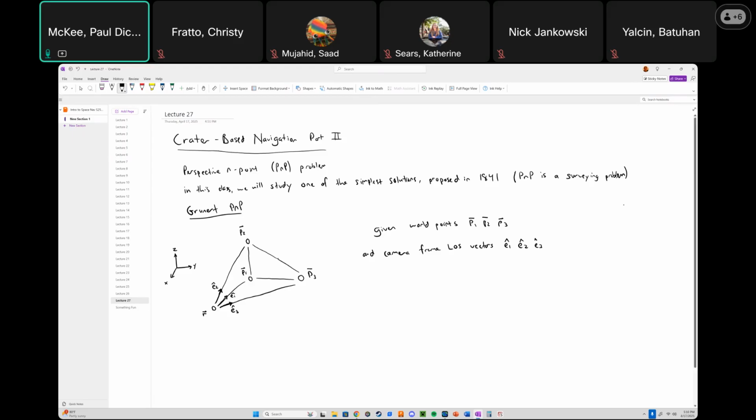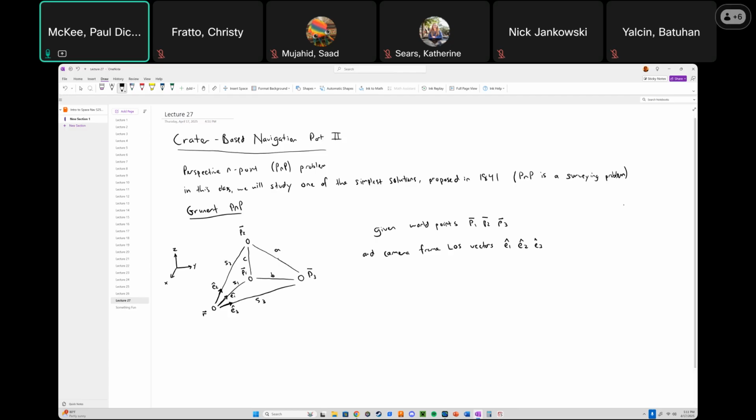But what Grunert concerned himself with was side lengths. He said, let's treat this as a tetrahedron floating in space, where the distance between point 1 and point 2 is C. This is length A. This is length B. And let's call the length between the observer and point 1 S1. We're going to call this S2. We're going to call this S3.